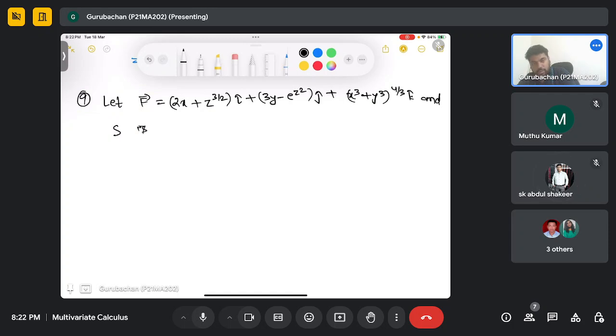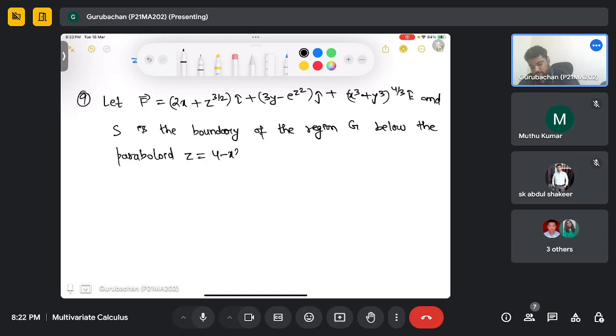S is the boundary of the region G below the paraboloid z is equal to 4 minus x square minus y square, inside the cylinder x square plus y square equal to 1 and above the xy plane.